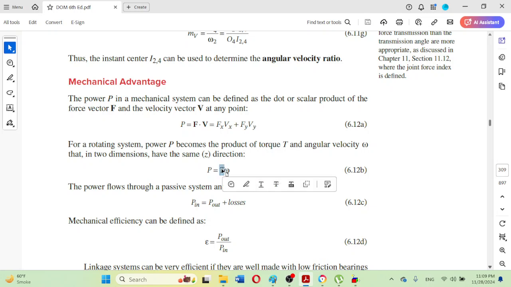And as we can observe, the torque has already been calculated; the torque unit is Newton meter, and torque is simply calculated as the force multiplied by the perpendicular distance, which is the moment arm, denoted by R. So when the torque is calculated, only its magnitude is considered, and once it has been calculated, it is simply multiplied with omega, because the unit of omega is radian per second.